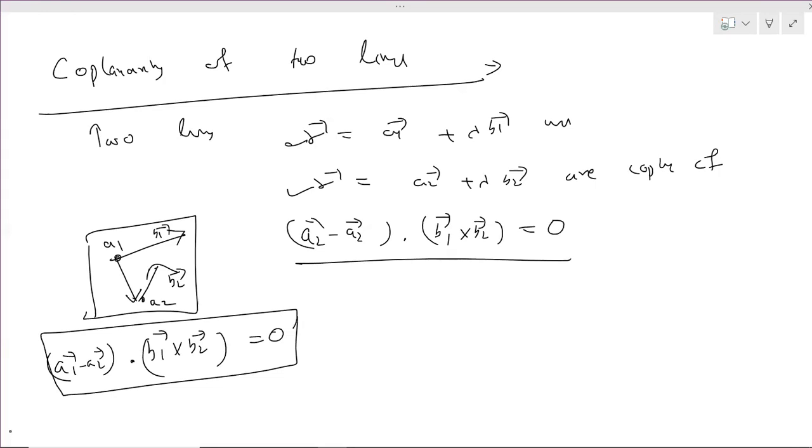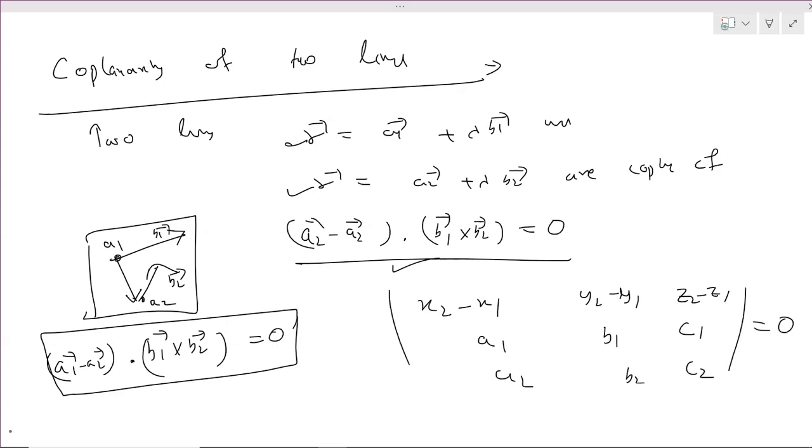If you do not want to remember this, then in Cartesian format, this is the determinant with rows x2 minus x1, y2 minus y1, z2 minus z1; a1, b1, c1; a2, b2, c2; equals 0. And this is very important, extremely important.